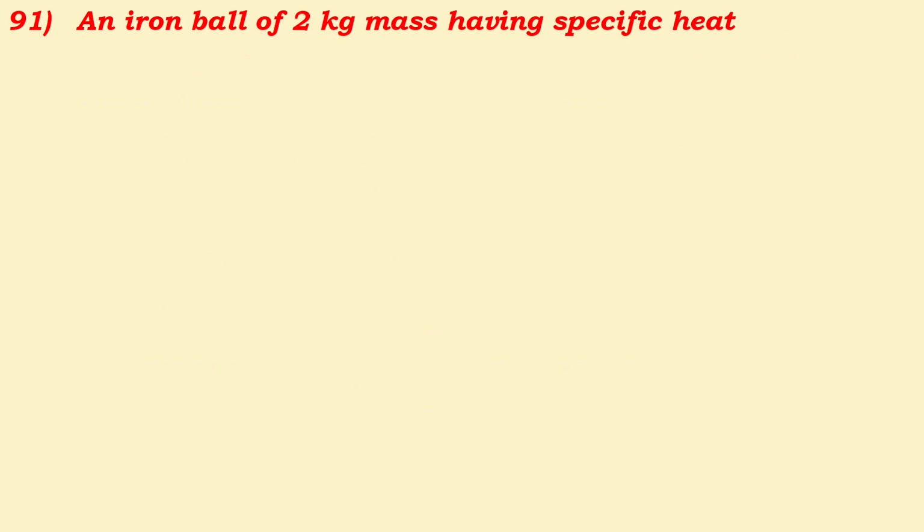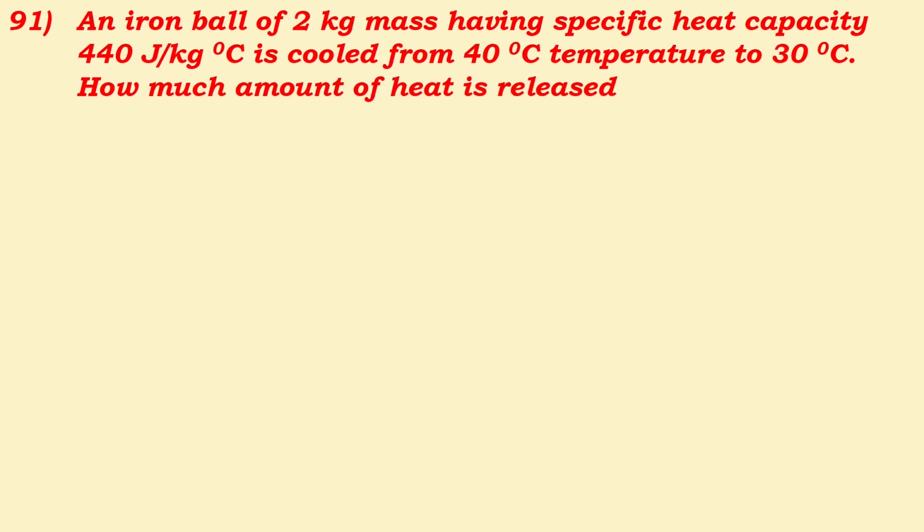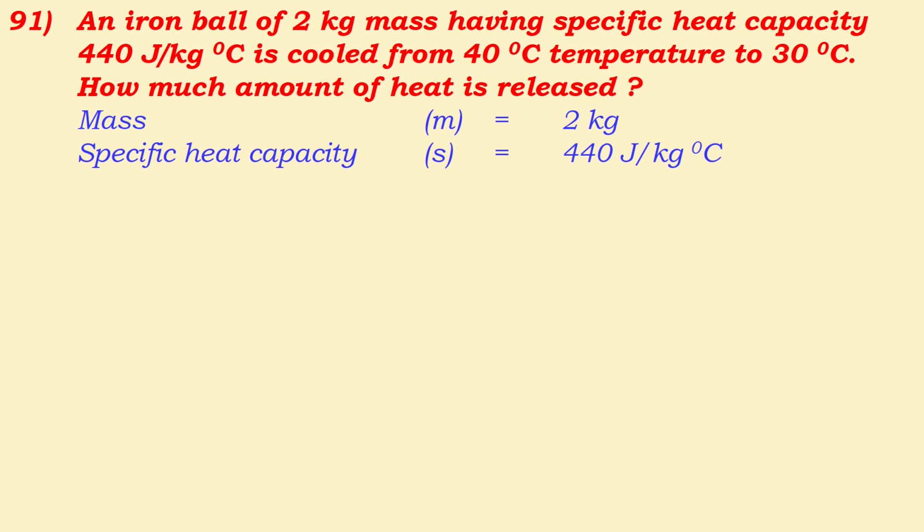Now next, 91. An iron ball of 2 kg mass having specific heat capacity 440 joule per kg degree Celsius is cooled from 40 degrees Celsius temperature to 30 degrees Celsius. How much amount of heat is released? It's a very simple question. We are writing the given information. Mass m equal to 2 kilogram.